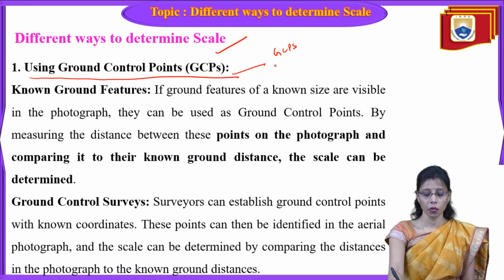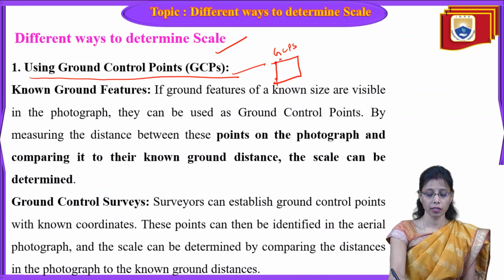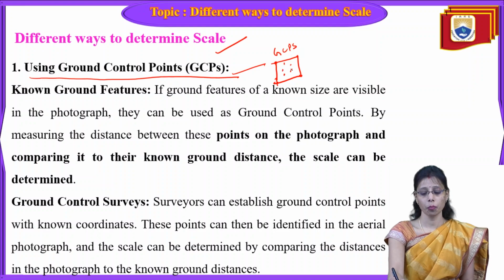So ground control points: if this is your map area, here we have to assign some points with latitude and longitude, x and y coordinates, at this point, this point, even in the center. A GCP will have that kind of information.